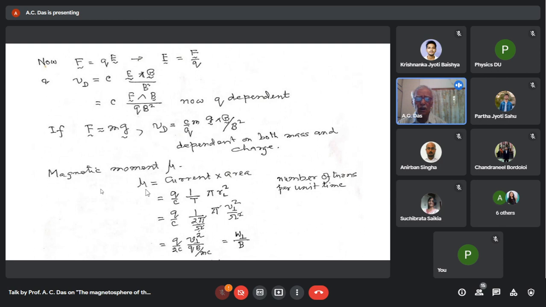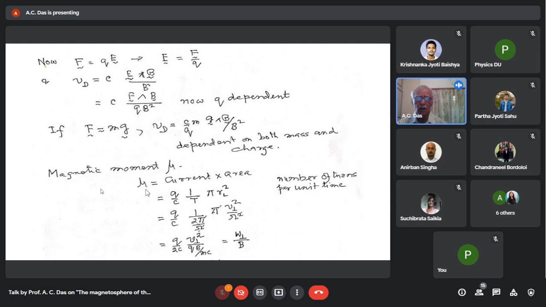Now it becomes dependent on the charge. So in this case, the electrons will move in the opposite direction to the protons, and therefore some current can be produced.